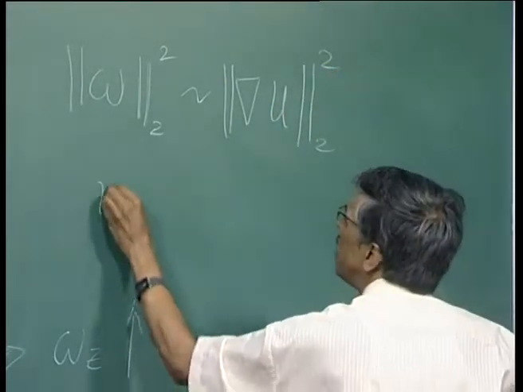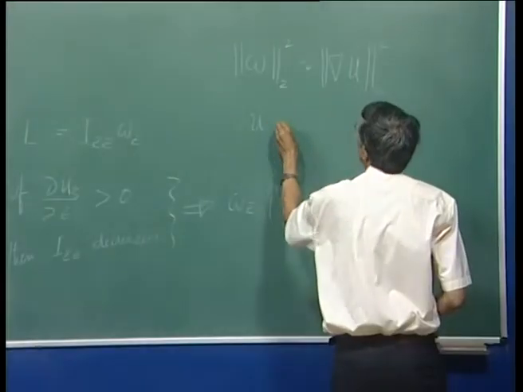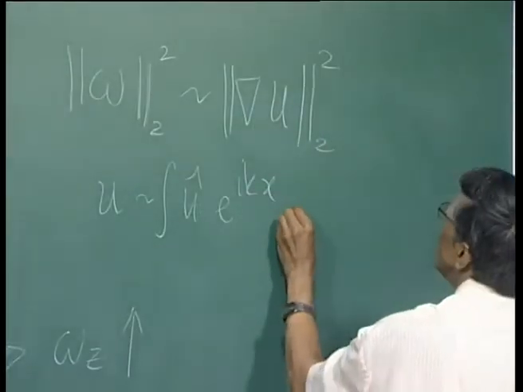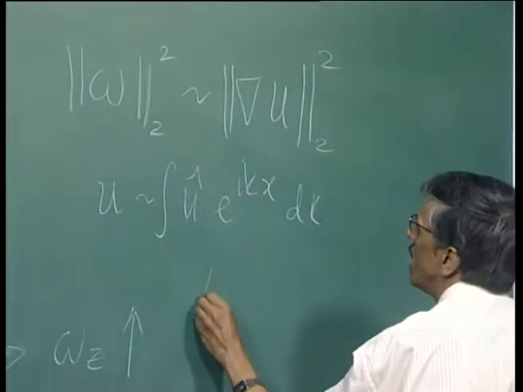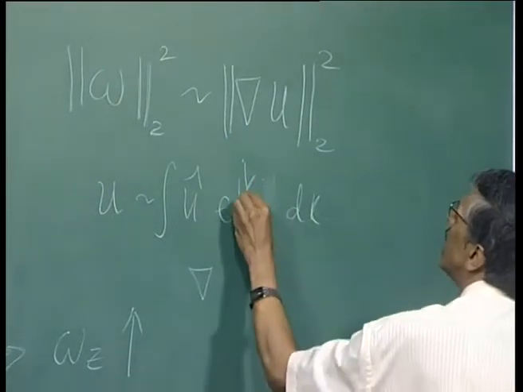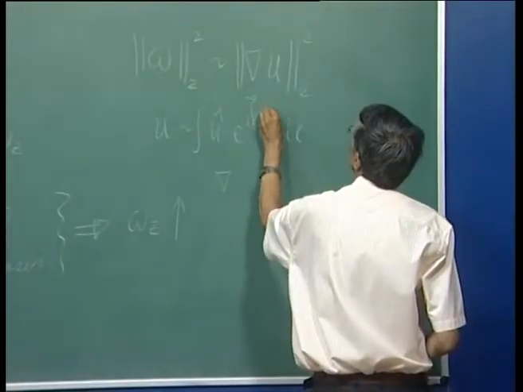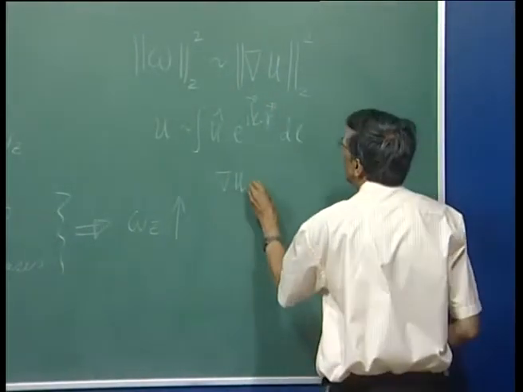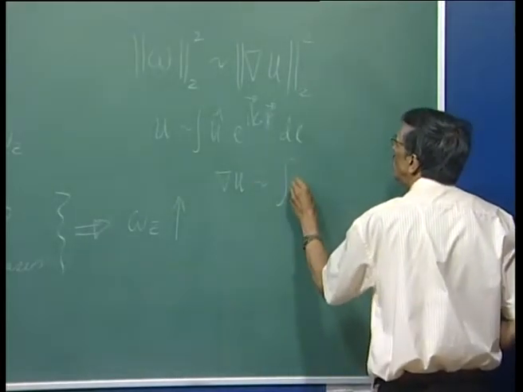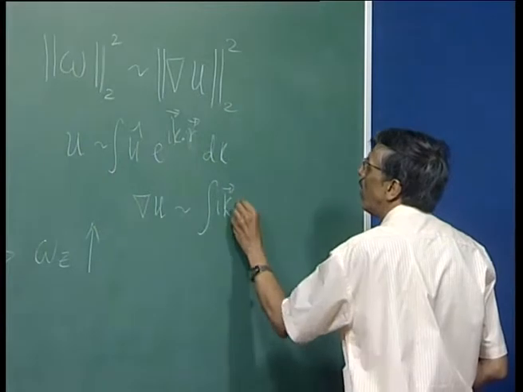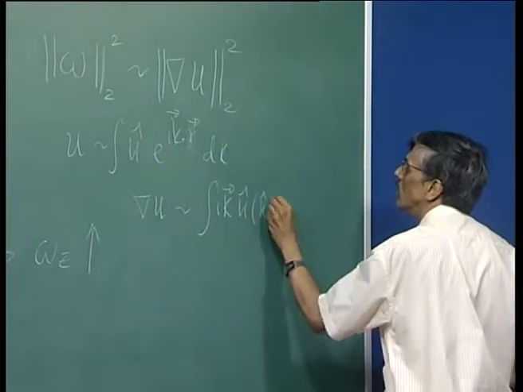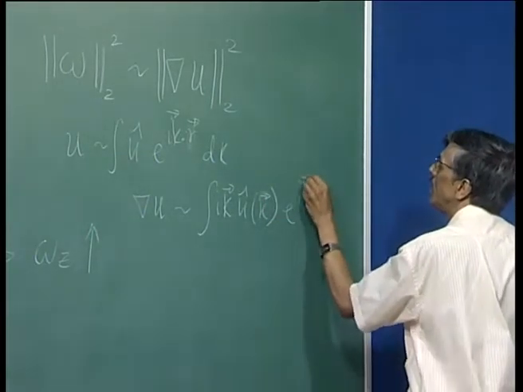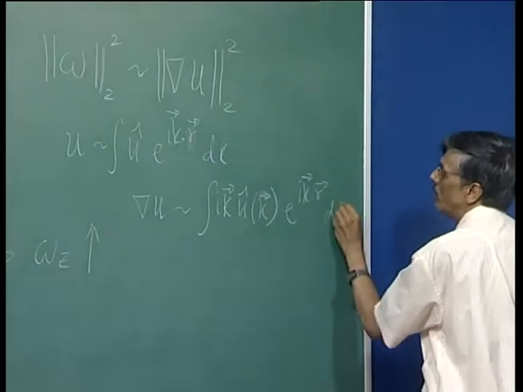If I write u in terms of u hat e to the power i k dot r dk, where k is a vector and r is a vector, then grad u is proportional to i k vector u hat, which is a function of this k vector, times e to the power i k dot r dk.